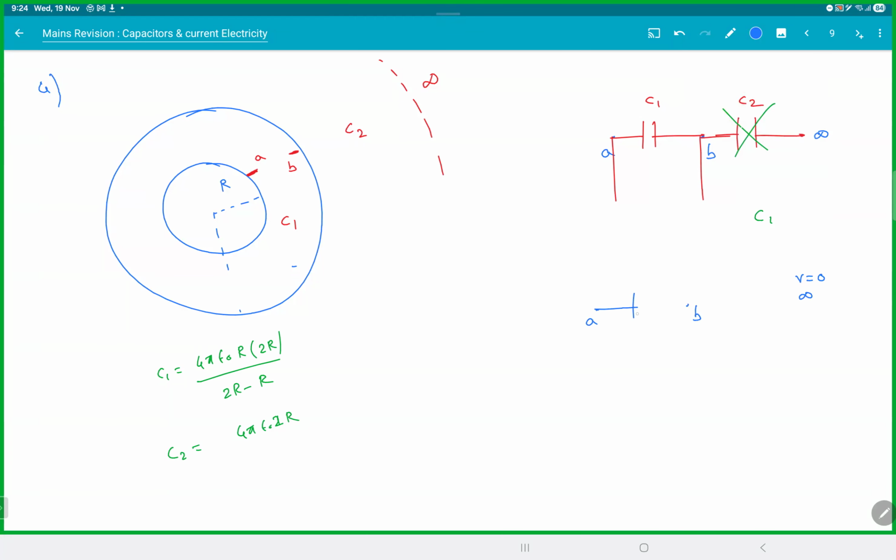Now we are putting a capacitor between A and B, and the other capacitor. See, when you ground the inner shell, this has become grounded, isn't it? Point A became grounded. And this capacitor is here, C2. And this is also 0. So basically you can say this is also grounded. So your circuit has become like this.